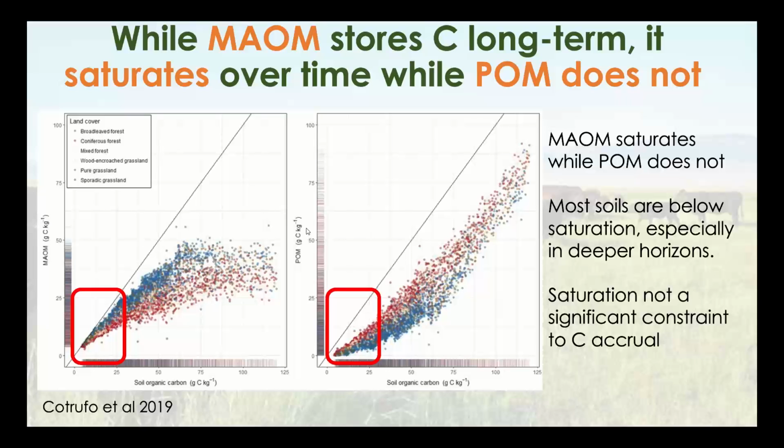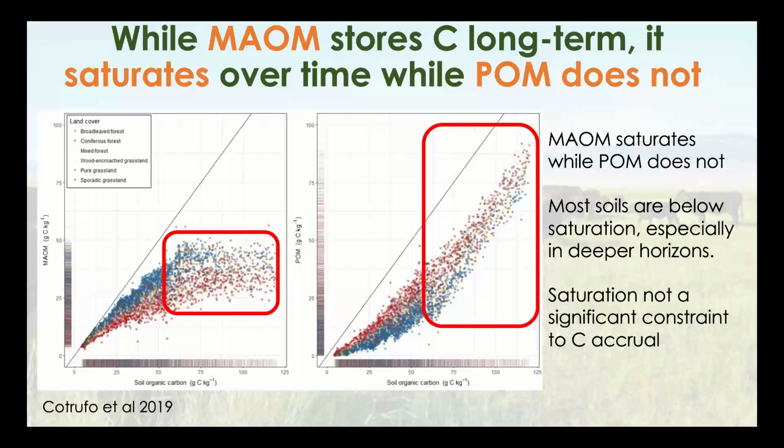At low carbon, on the left-hand side of that graph, indicated by the red boxes, MOM dominates. So there's a greater proportion of mineral-associated organic matter compared to particulate organic matter. But importantly, MOM saturates as soil organic carbon stocks increase, while POM can increase perhaps even exponentially.